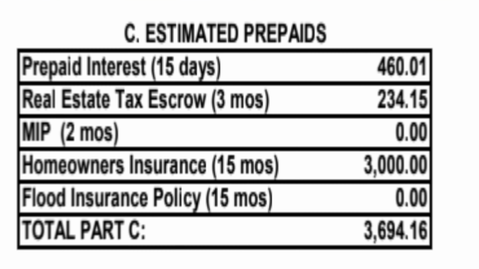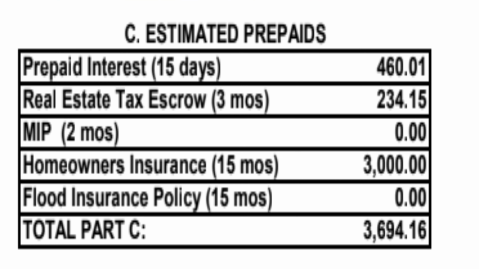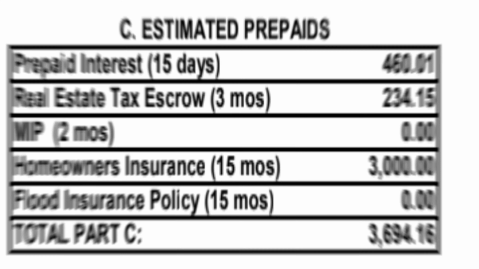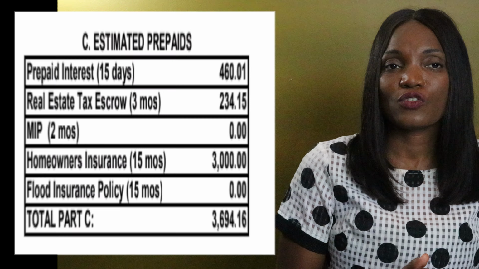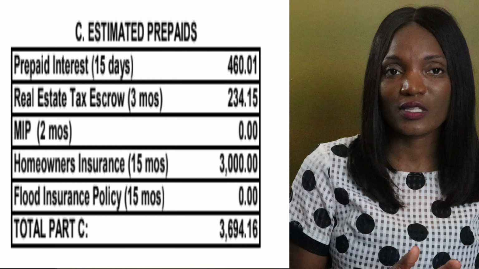And the three prepayments that you're seeing for this transaction would be homeowners insurance, prepaid interest, and also property tax. Once the buyer has closed, they will have to open an escrow account, and in that escrow account they will also have to make sure that the prepaids are there to pay in advance for certain things. So there you have it.